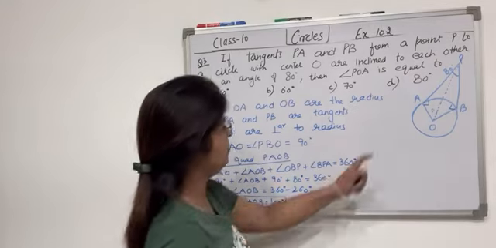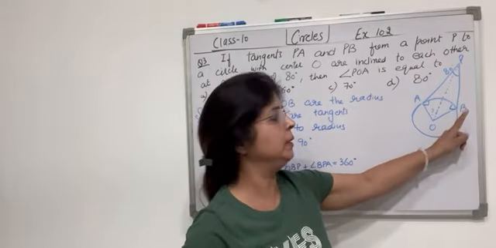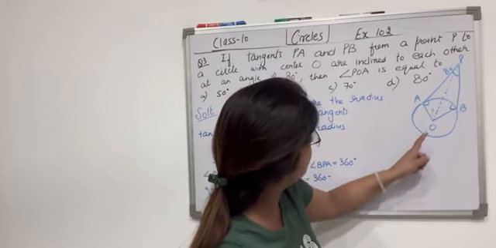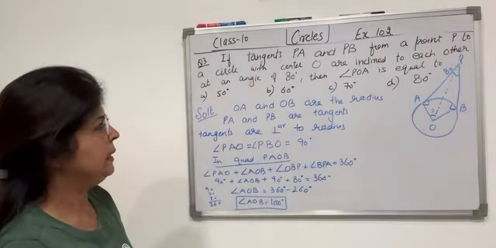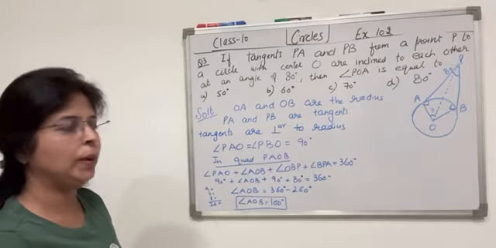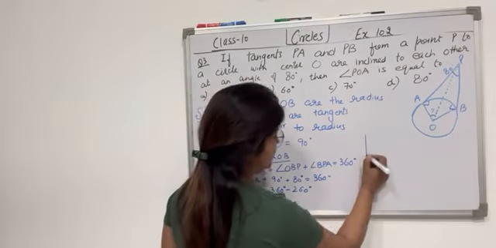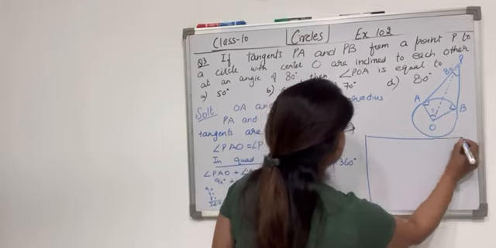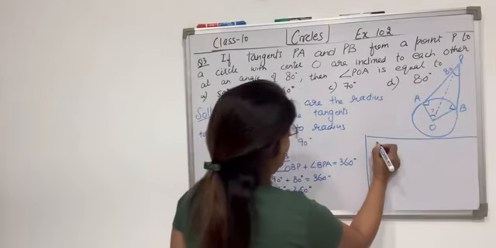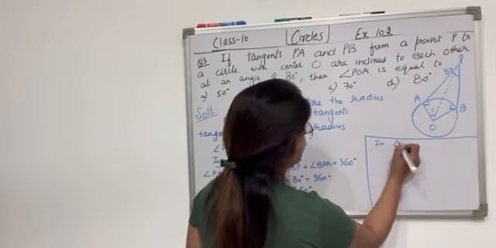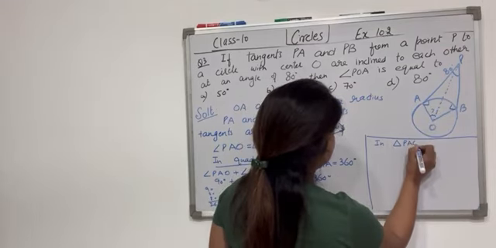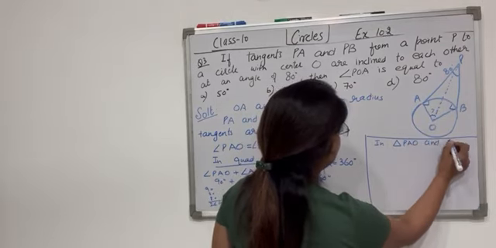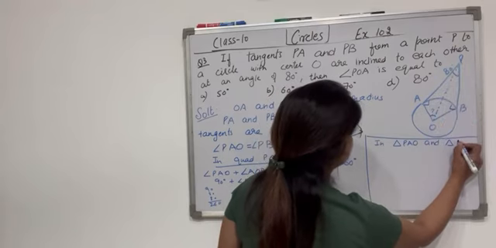One thing I have come to know is this complete angle AOB, but I want this half angle. This angle I have to find out is angle POA. So what I am going to do is, listen, I am taking two triangles: triangle PAO and triangle PBO.